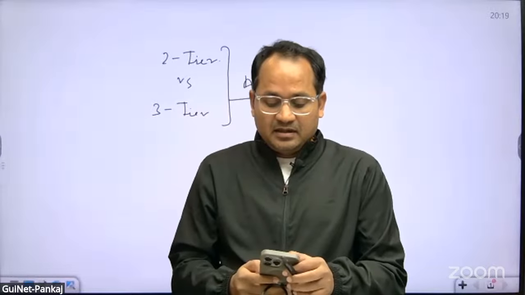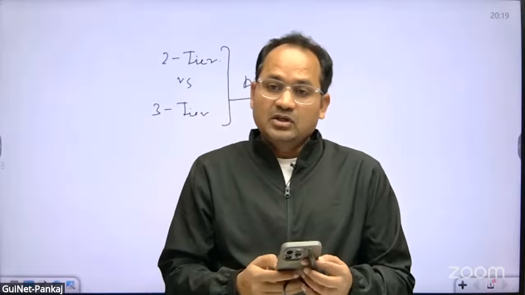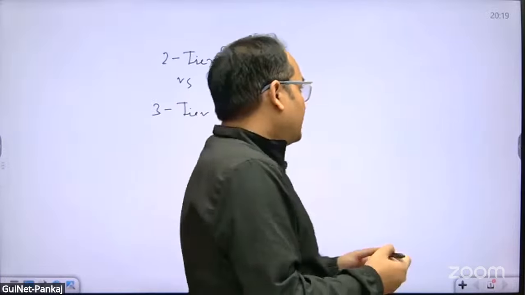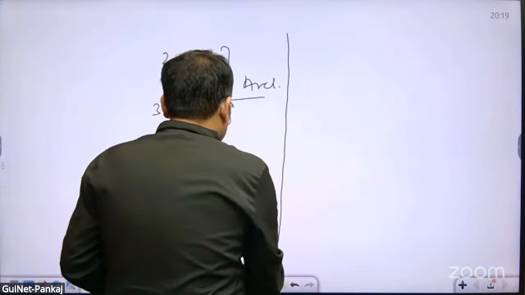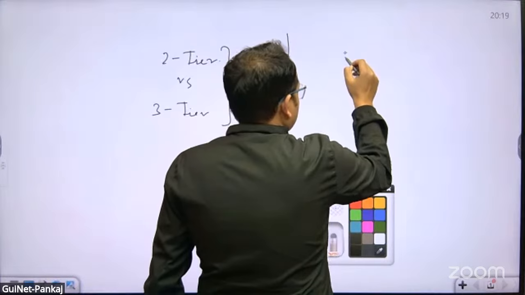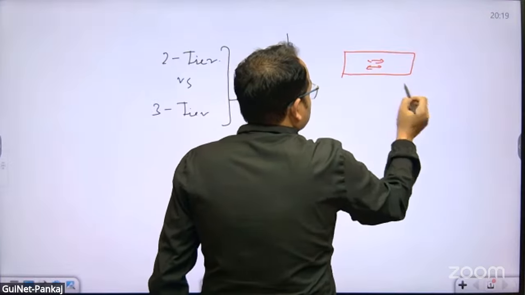If I talk about the two-tier and three-tier architecture, both are going to be your LAN infrastructure, not the WAN infrastructure. It means we are going to design the campus LAN. In this campus LAN, we require switches, and these switches are going to give the redundancy.